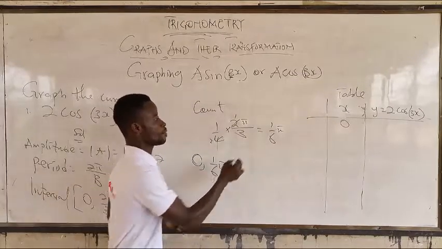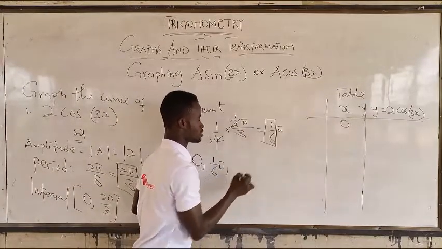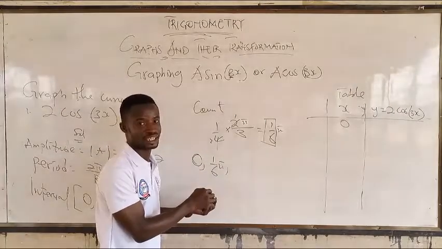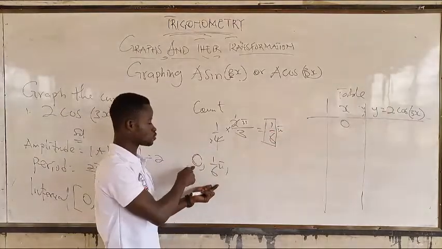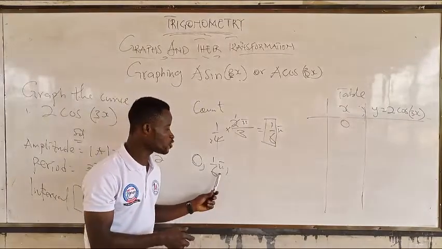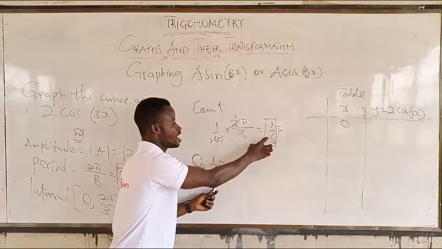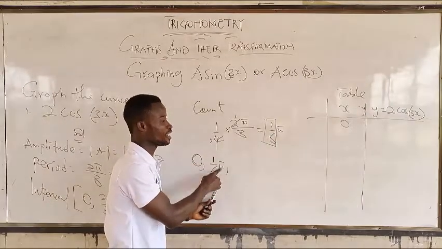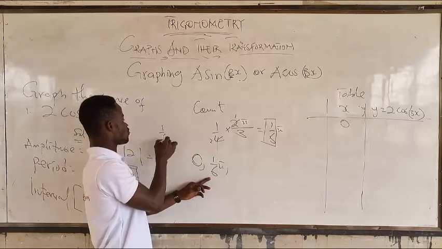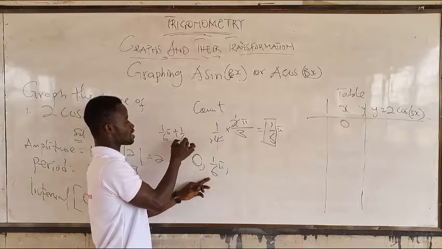Very good. But let me lay emphasis on this. So you start with 0, then 1 over 6 pi, because you add 1 over 6 pi to 0, you get 1 over 6 pi. Very good. Now, then you add 1 over 6 to this result. Here, I don't want you to say that I'm adding 1 over 6 pi to 1 over 6 pi.